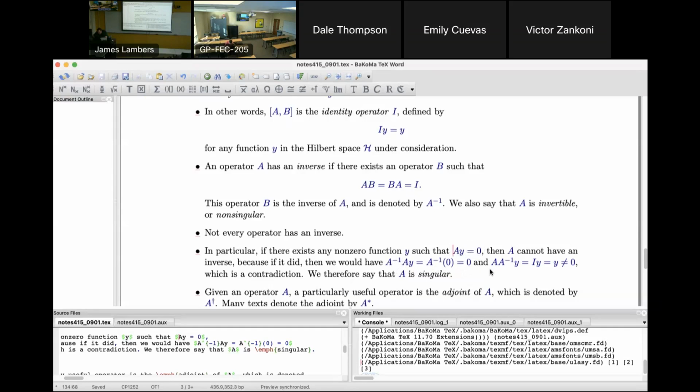So I get a contradiction. I end up with the equation Y equals 0. But that's a contradiction because I'm assuming from the get-go that Y is non-zero. That's why, if AY equals 0 for any non-zero Y, A cannot have an inverse.